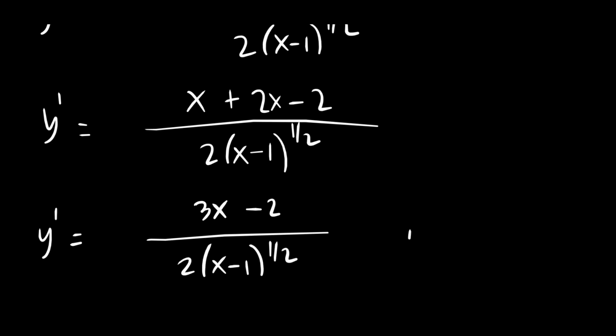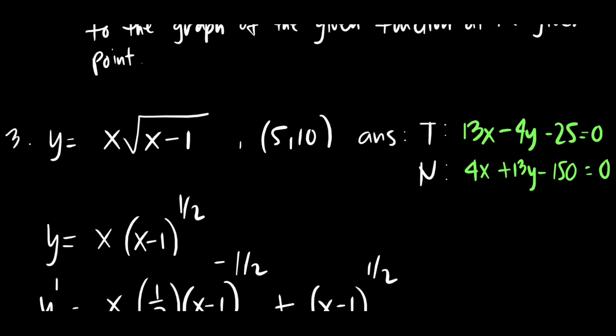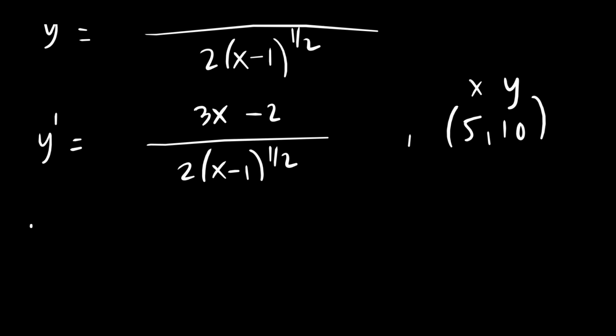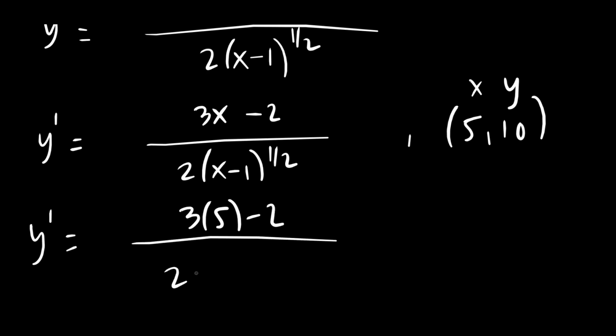But our point is 5 and 10. So this is our x, this is our y. So substitute. So 3 multiplied by 5 minus 2 all over 2 multiplied by 5 minus 1 raised to the power of 1 half.